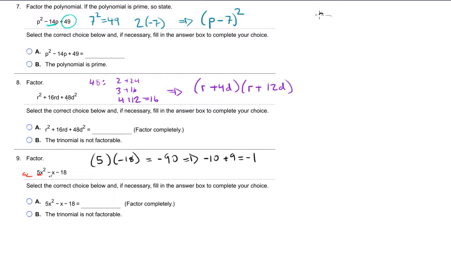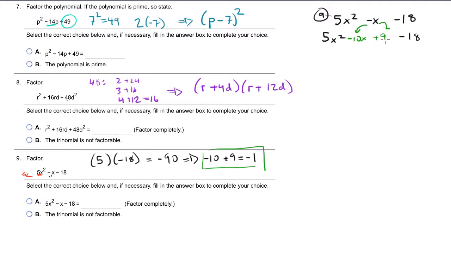So then I'm going to come up here and keep working on this. I'm going to take 5x squared minus x minus 18, and I'm going to break apart that minus x in the middle there. I'm going to break that negative 1 into minus 10x plus 9x.